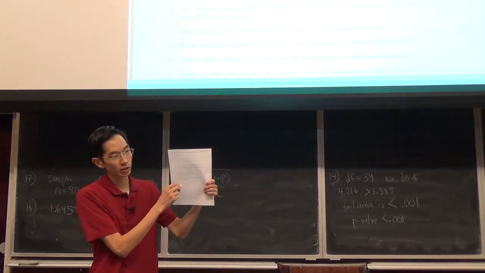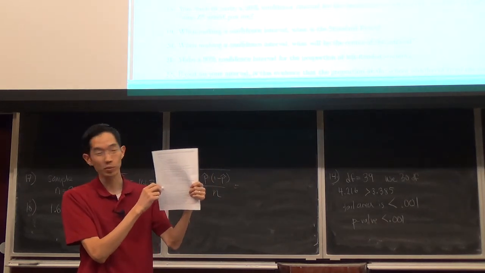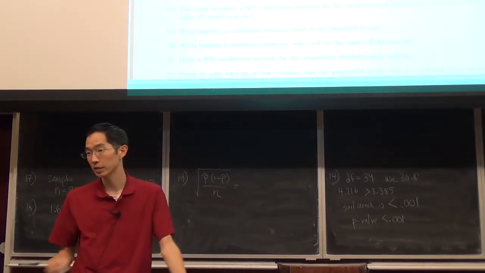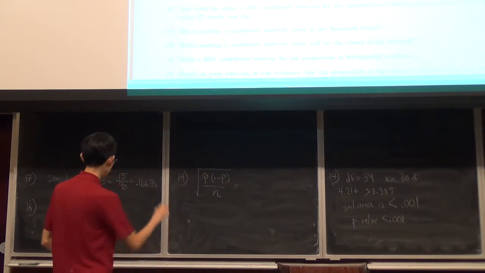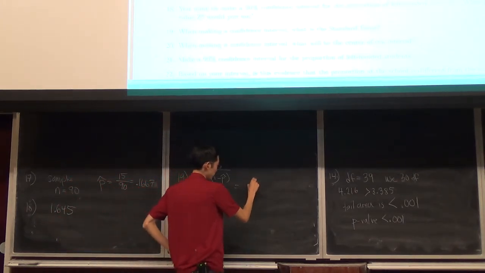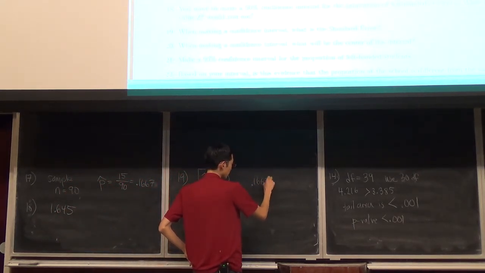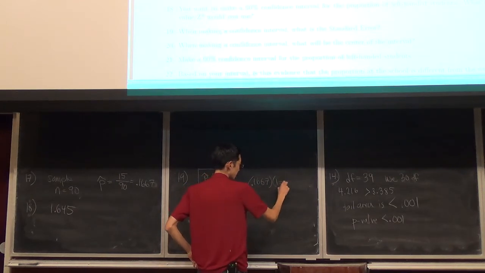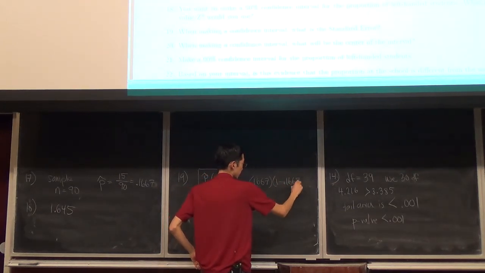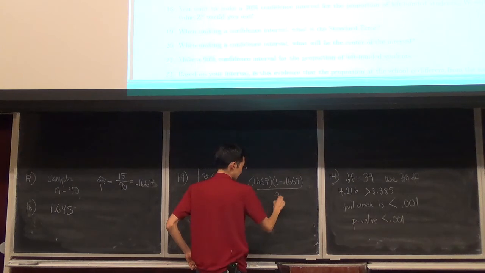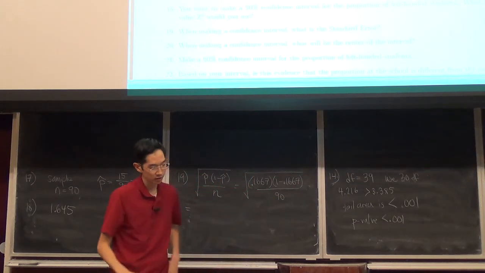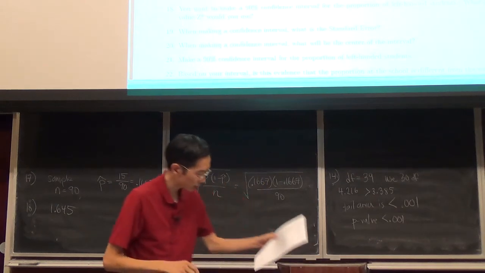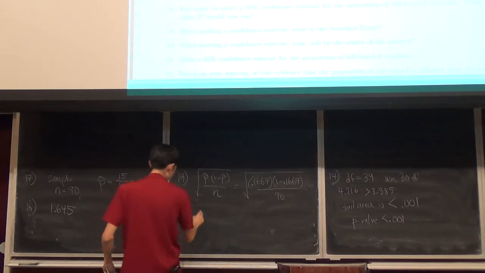If you're dealing with one sample proportions, it's going to be exactly that. So we just plug in the numbers that we have. 0.1667 times 1 minus 0.1667 divided by 90. We'll take the square root of that. And when we do that calculation, we get 0.0393.